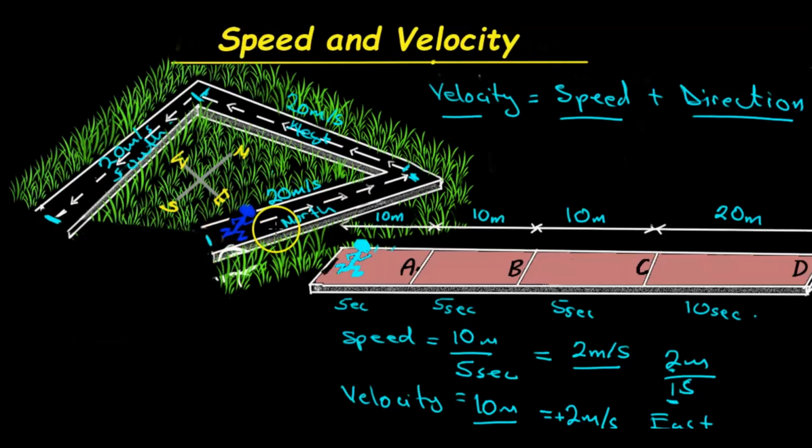So anytime an object moves with an increasing velocity, we say it is accelerating. And when it is moving with a decreasing velocity with respect to time, we say it is decelerating. Deceleration or retardation, which is the same as negative acceleration.